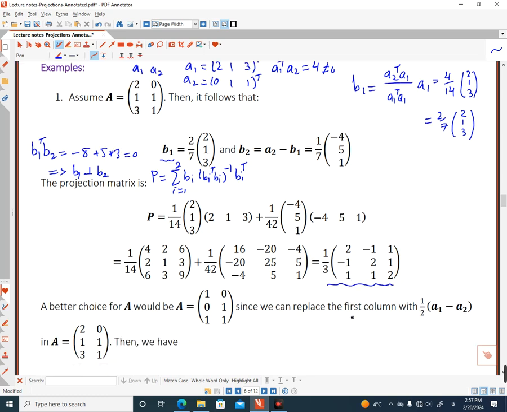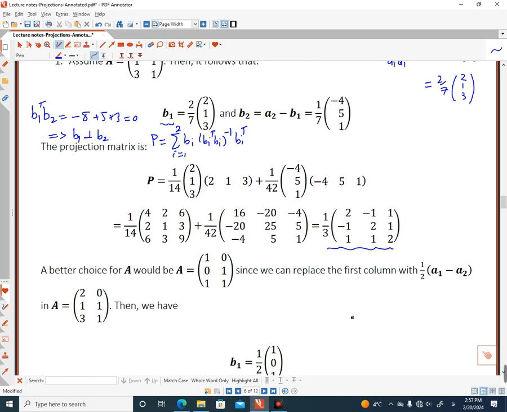Another way is, okay, we can start with a matrix which has orthogonal columns. A better choice for A would be A equal to these two columns, a 3 by 2 matrix with these two columns, since we can replace the first column with this transformation in the original matrix.